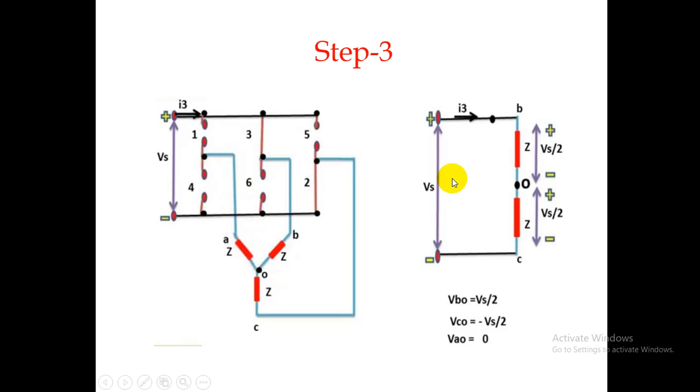We can apply KVL to this equivalent circuit also in the same manner. So now VBO will become Vs by 2. VOC is Vs by 2, but VCO is the negative value, minus Vs by 2. As we know, phase A is not participating in the operation, that's why we do not get any voltage value for phase A.